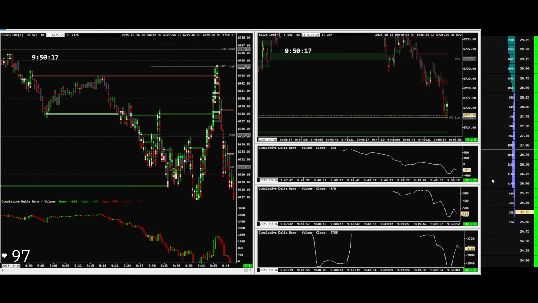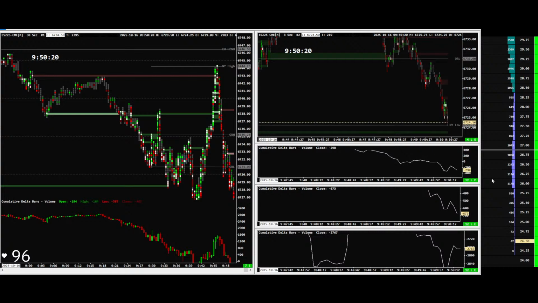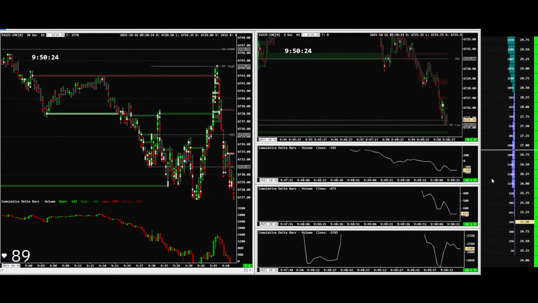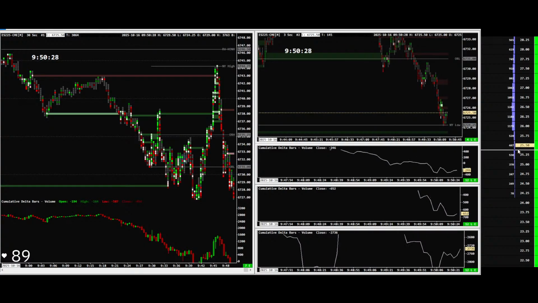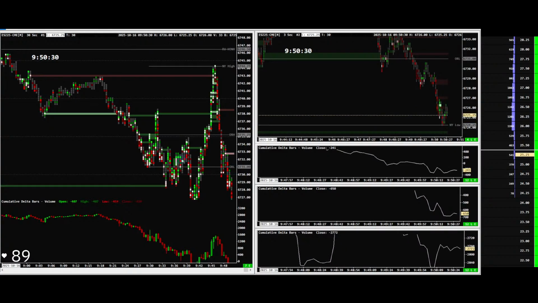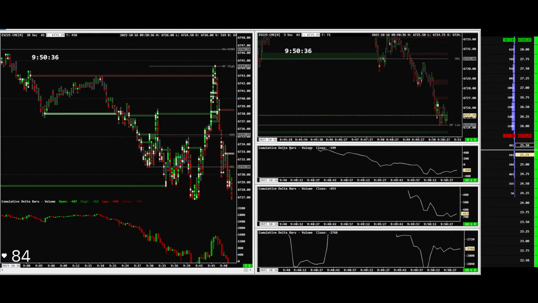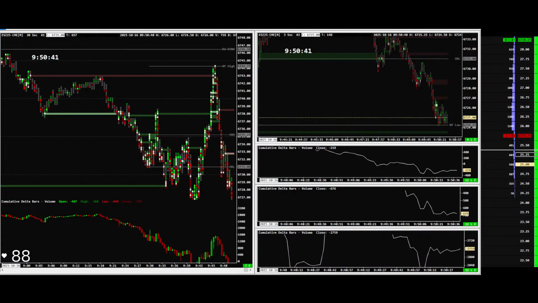Trying to play catch up here. This green one's gone. I have a few that are gone over here, here, all gone. It's a level that is good for one play. That's it.